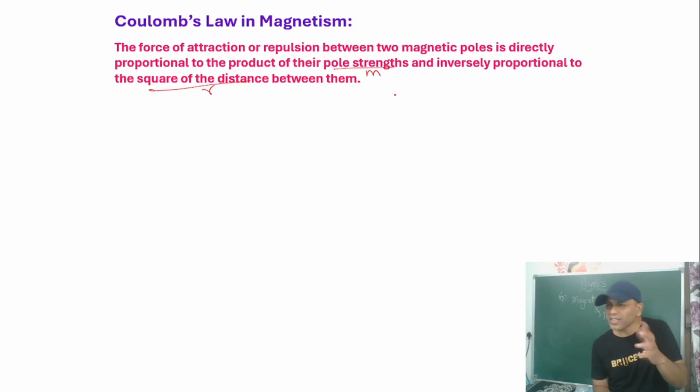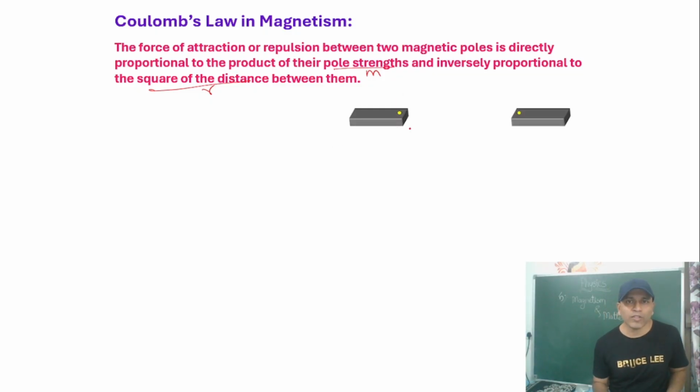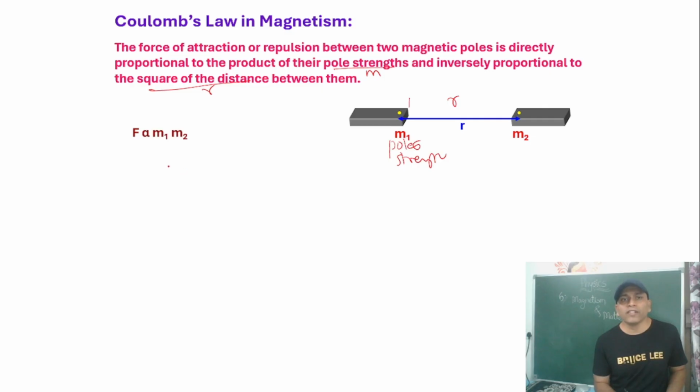Does it sound similar to the electric force? Yes, obviously it is similar, where M1 and M2 are the two pole strengths kept at some distance R. The force is directly proportional to M1 M2, the pole strengths of these two magnets.